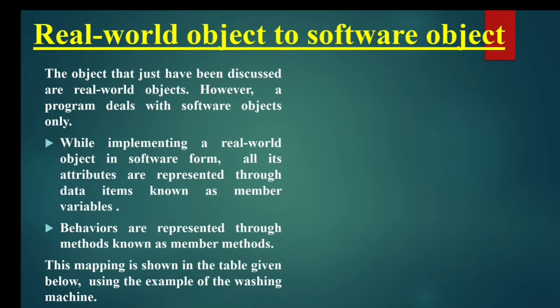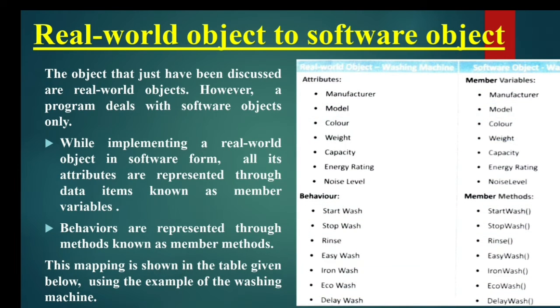Now, what we have written in the above example, that is washing machine, the attributes are called the data members and the behavior column is called member methods. That is, here we have the mapping.